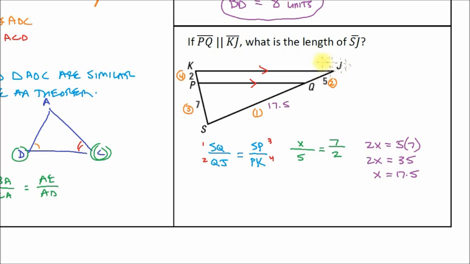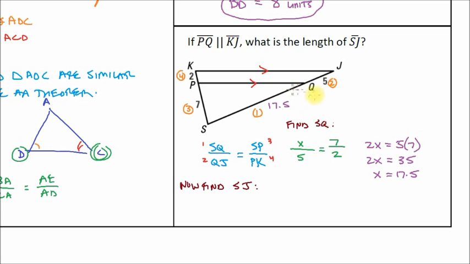So now our final question is, now we have to find SJ. So I'll put a little note here. Now find SJ. In fact, why don't you put up here, the first step is step 1, let's find SQ.